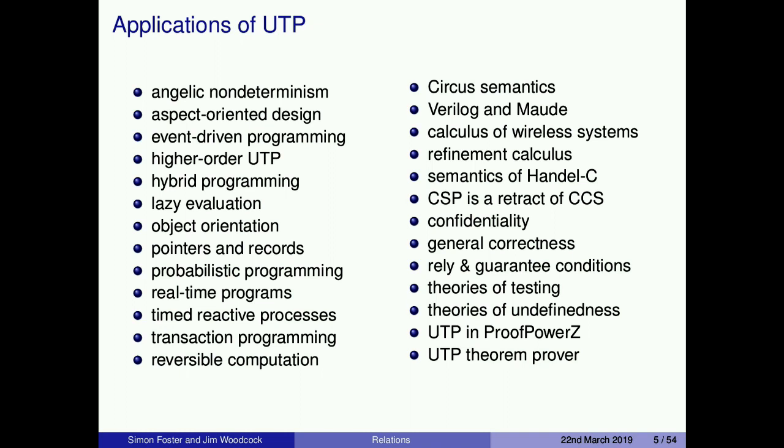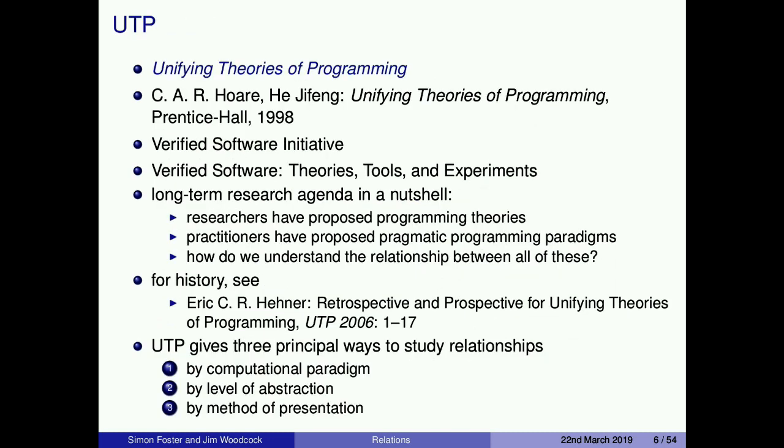And this is a list that we came up with by looking through previous years of the UTP symposium, things that UTP has been used for. So it's been used for aspect-oriented design, event-driven programming, hybrid programming, object orientation, probabilistic programming, on and on it goes. So all kinds of people have been using UTP to try and characterize these different kinds of languages.